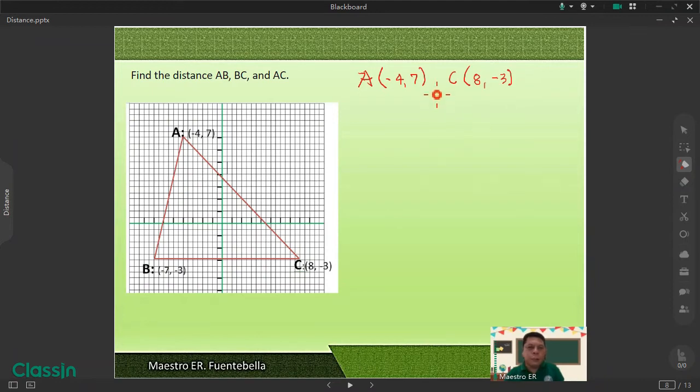So let's assign point A as your sub 1 and C as your sub 2. So therefore, x sub 2 is 8, x sub 1 is equal to -4, y sub 2 is -3, and y sub 1 is equal to 7.